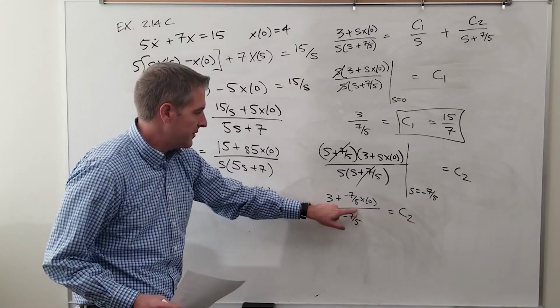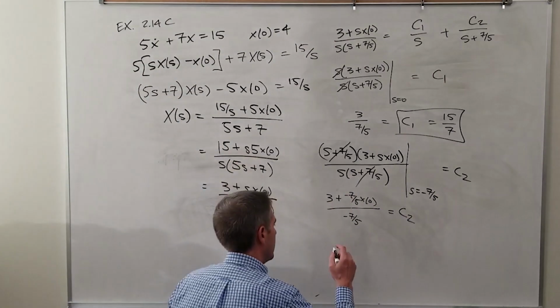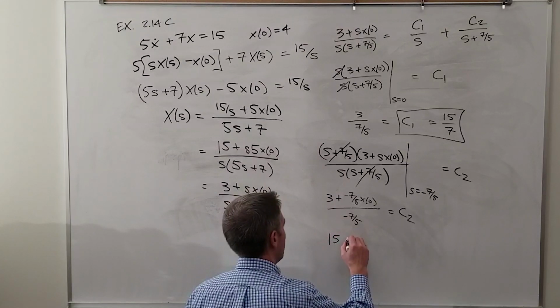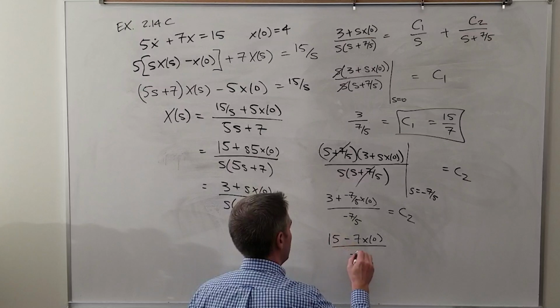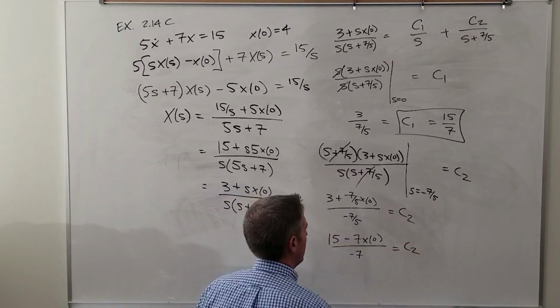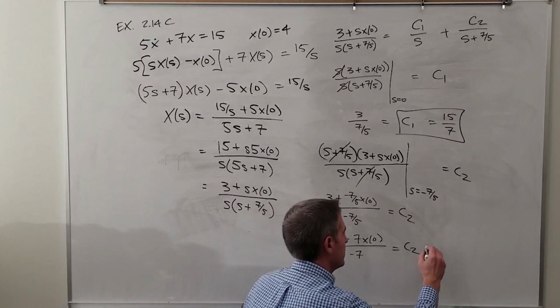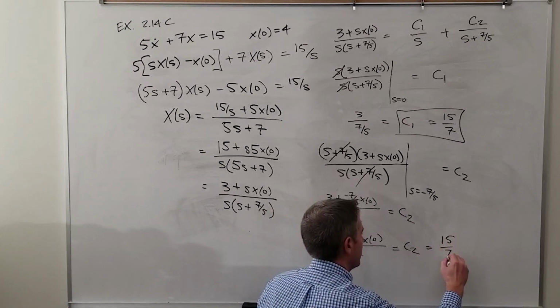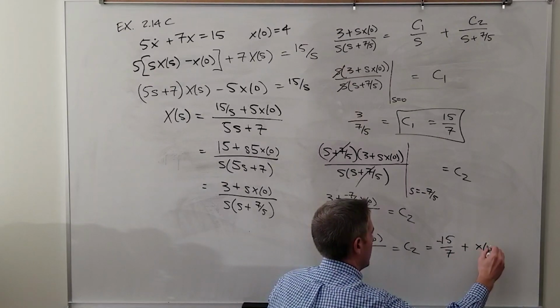All right, well, it's a bit of a mess right here, so I'm going to multiply the top and the bottom by 5. And then I'm going to divide it up so that it's equal to minus 15 over 7 plus x0.